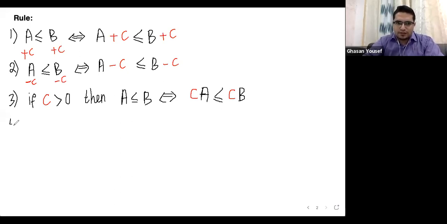Like when we started this lecture, some students said we're going to change the symbol, but here we did not change the symbol because the number is positive.